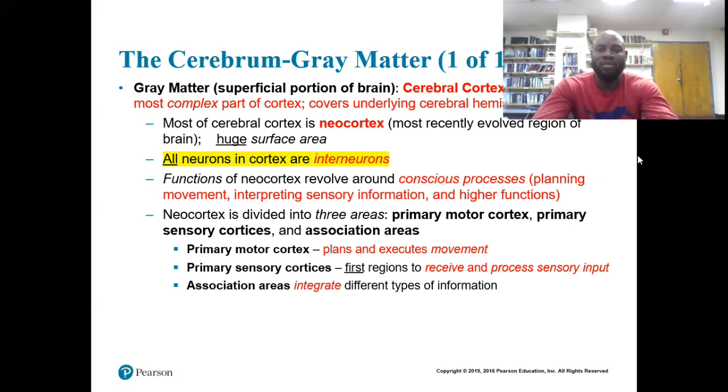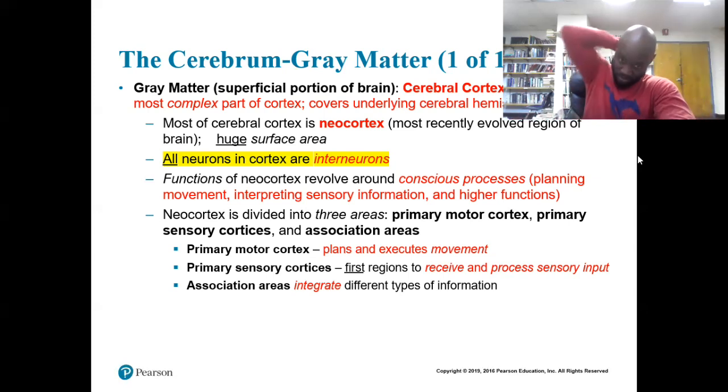And you may say, well, how can it be a motor cortex if it's an interneuron? Even though it's processing information, it helps your body to plan movement. It also helps your body to interpret sensory information, even though these are interneurons. They're not actually doing the sensing. They're not actually doing the movement, but they're helping the body plan and function in movement.